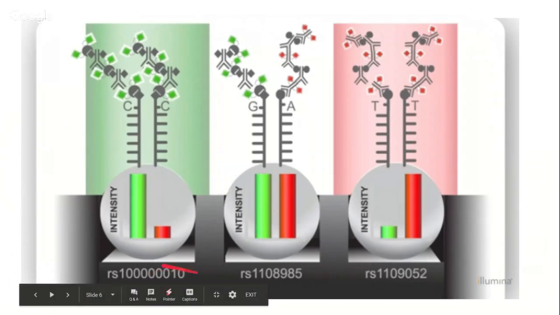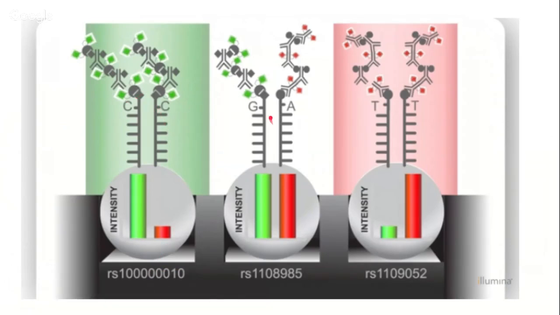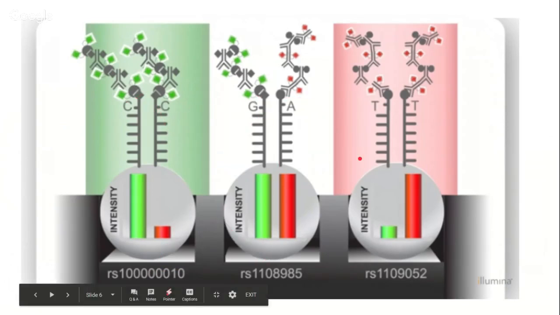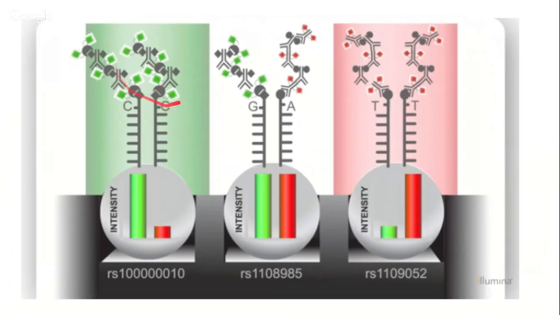So for this SNP here, it would be CC, and for this SNP here, it would be GA, and for this SNP here, it would be TT. And these fluorophores, green or red, are what is detected by the machine that reads these microarrays.